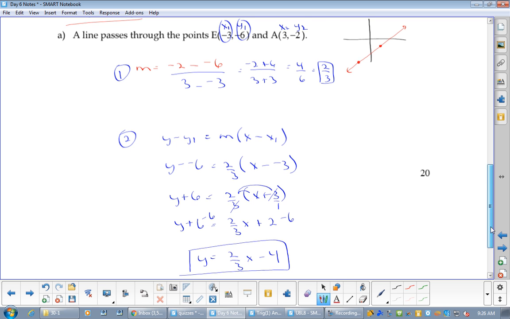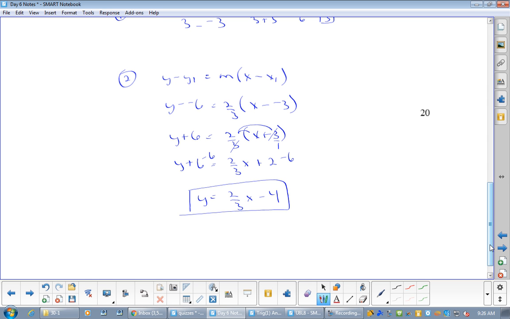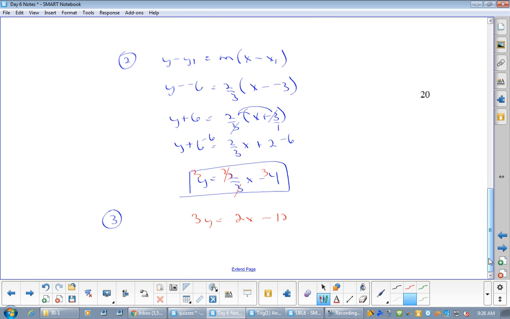And then general. What do we do to go to general? Who remembers? This one's doing something different. Not yet. We can, but not yet, yeah? Multiply everybody by 3. Okay, so 3y would equal 2x minus 12, because those 3's would cancel. Then I can subtract.